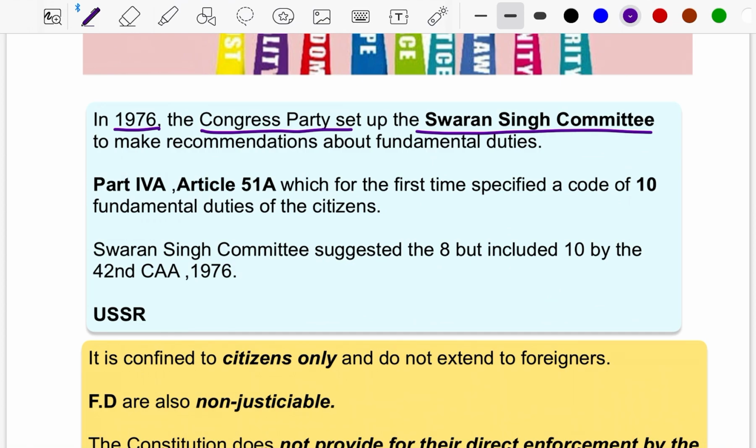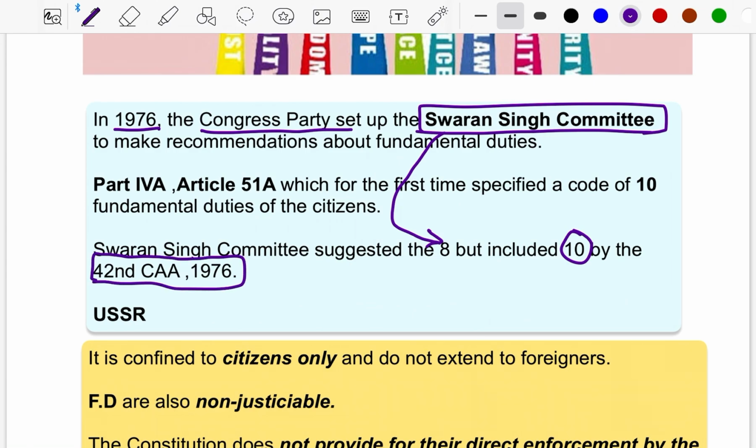Though the Swarn Singh Committee recommended only 8 fundamental duties, we incorporated 10 fundamental duties in our constitution through the 42nd Constitutional Amendment Act 1976. This Amendment Act created Part 4A and included Article 51(A). I think it is clear right now.